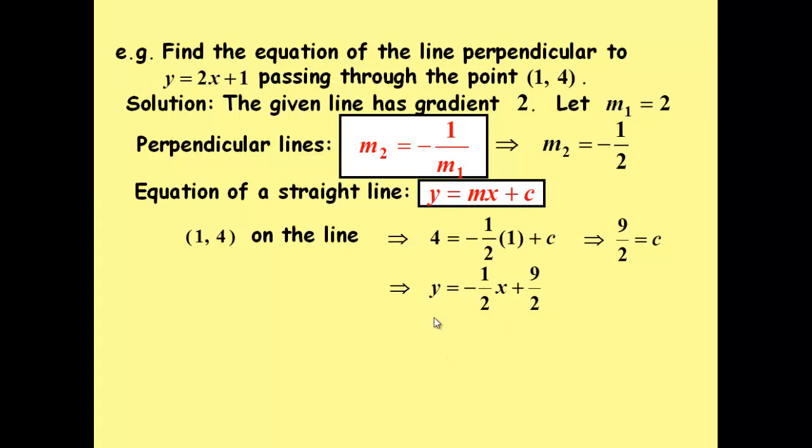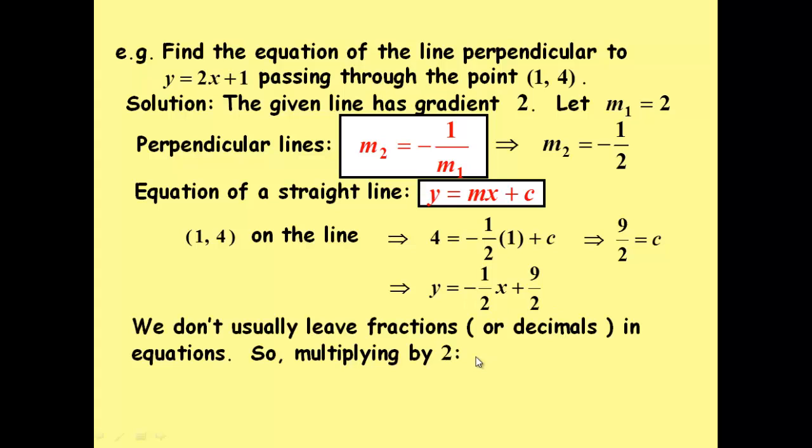So we multiply the whole equation, the left hand side by 2 and all of the right hand side by 2. That gives us this here, and we sometimes might rearrange that to make it equal to 0. So we have an x term, a y term and a constant equal to 0.